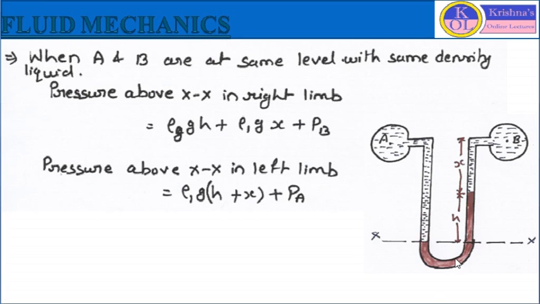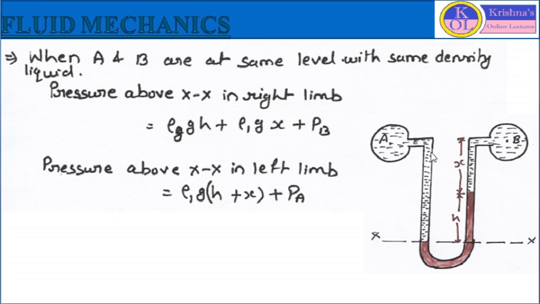This U tube contains mercury. XX is the datum line, and the total level difference of the mercury in both limbs we consider as H. From point B to the highest level of the mercury in the right limb we consider X. This is the distance in the right limb for the liquid level in pipe B, and H is the difference of level of mercury in both limbs. In the left limb the total distance from point A to the highest level of the mercury in the left limb will be X plus H.